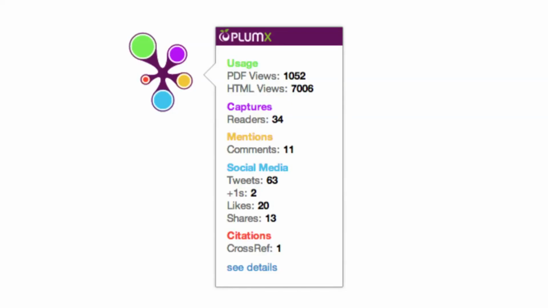The plum print talks about the PDF views, the HTML views, the various comments, the captures, and mentions on different social media. And of course, at the end you would see the citations, which in both the cases that we saw were marginal given the very short span of time the paper might have been online.